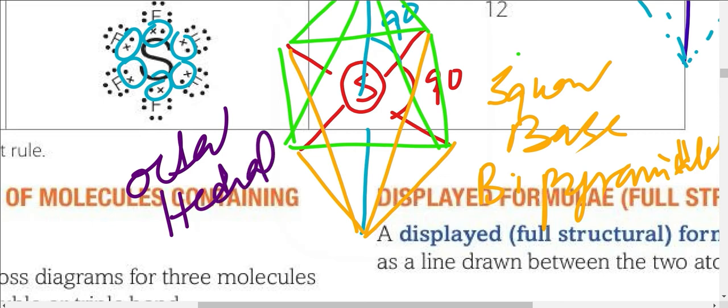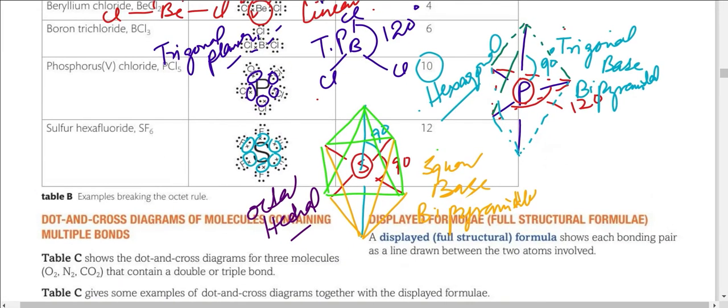It's an octahedral structure. If I zoom out a little bit, you can see how these two structures look. Are we clear with this? If you have any question, you can ask right now.